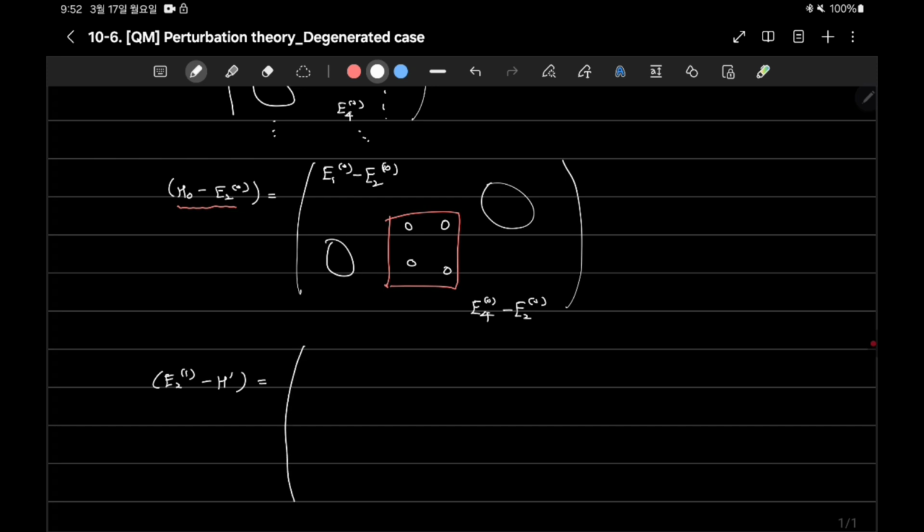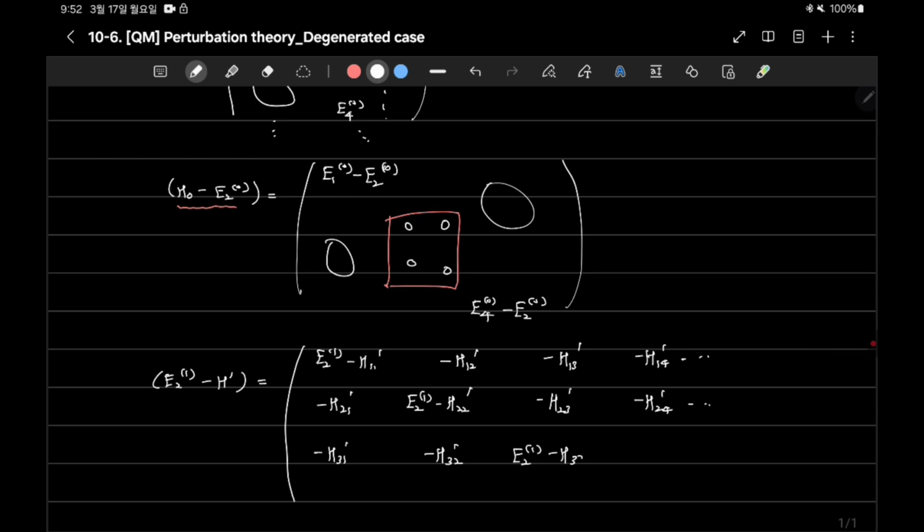Basically E21 is also diagonal, so we have E21 minus H11 prime, minus H12 prime, minus H13 prime, minus H14 prime, and in the next row minus H21 prime, E21 minus H22 prime, minus H23 prime, minus H24 prime, and also minus H31 prime, minus H32 prime, E21 minus H33 prime, minus H34 prime, and minus H41 prime, minus H42 prime, minus H43 prime, E21 minus H44 prime.